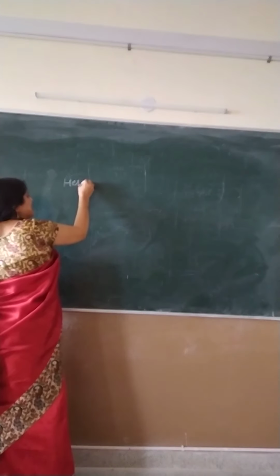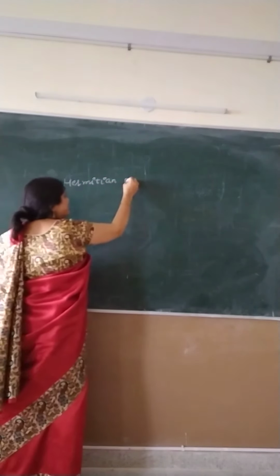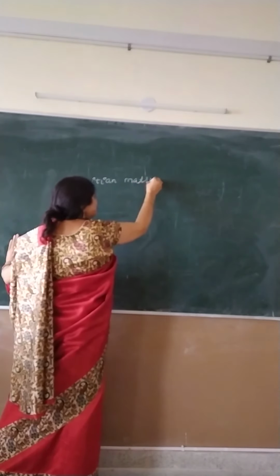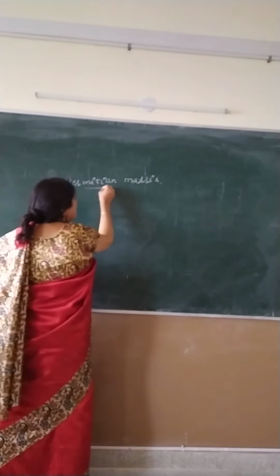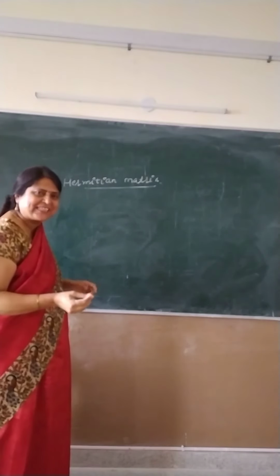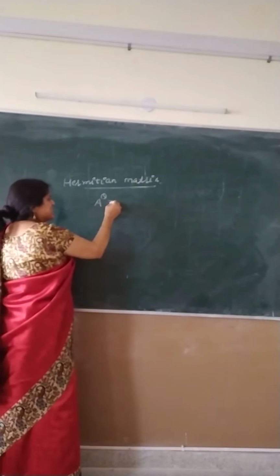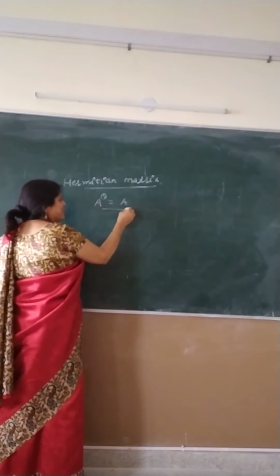Write down Hermitian matrix. A square matrix is said to be Hermitian matrix if conjugate transpose of the matrix is the matrix itself.